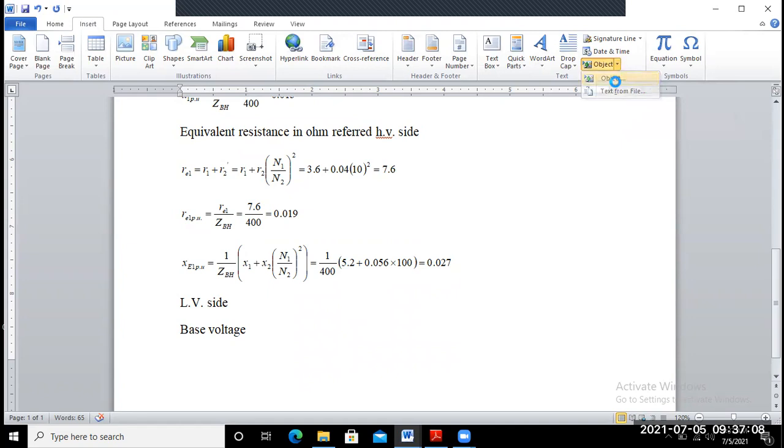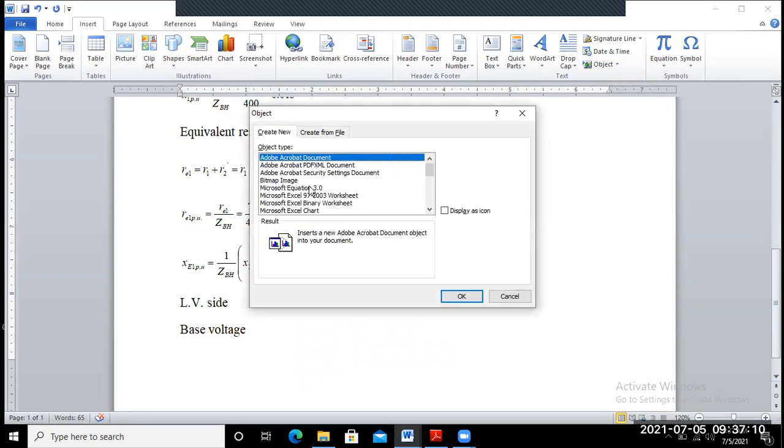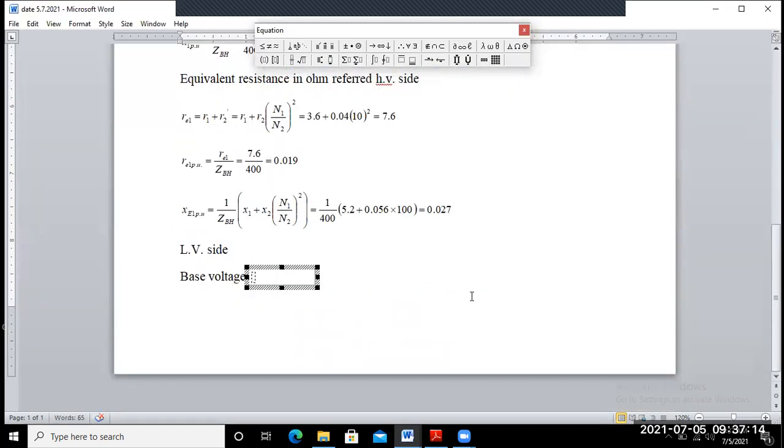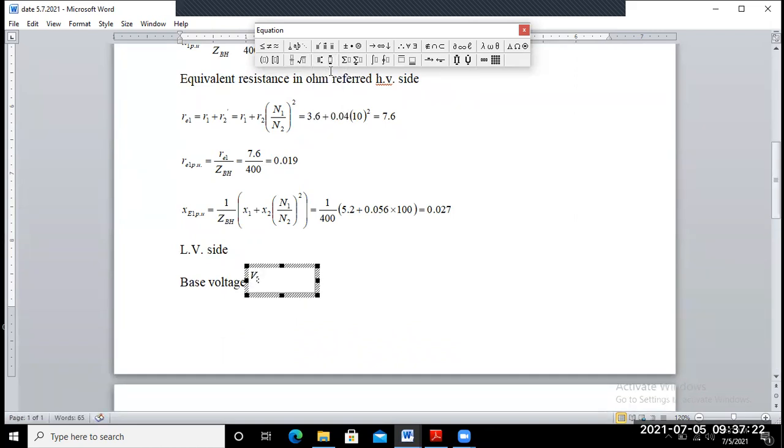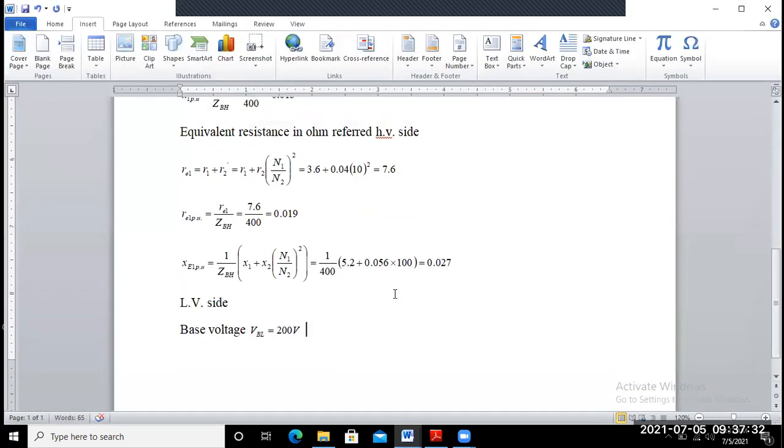The rated voltage of the low voltage side, so that is equal to 200 volt. VBL equals 200 volt.